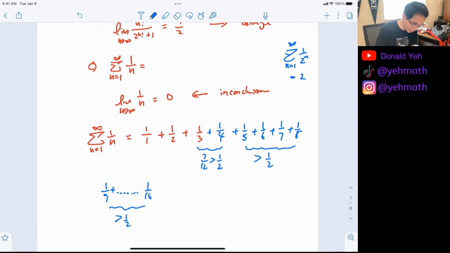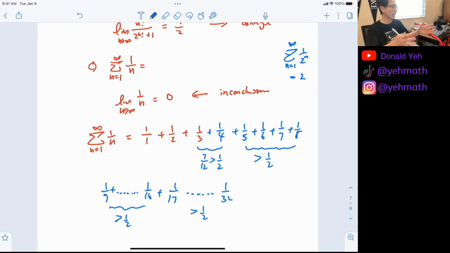And the next one is 1 over 17 up to 1 over 32, greater than half. It still diverges because it's still increasing by half. Each half just takes more terms, but that doesn't mean it stops.